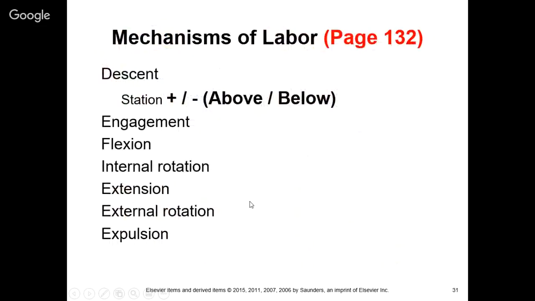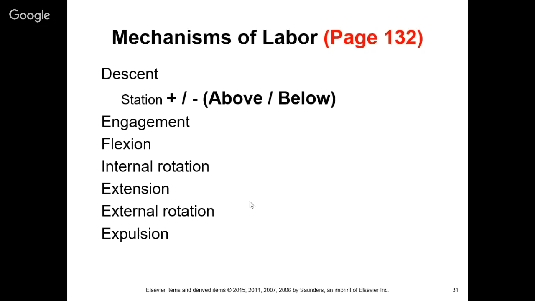So mechanisms of labor. Descent. This is when you're looking at station. Station is where the head is in comparison to the ischial spine. So when they are at 0, that's the point of no return. They're not going backwards after that.